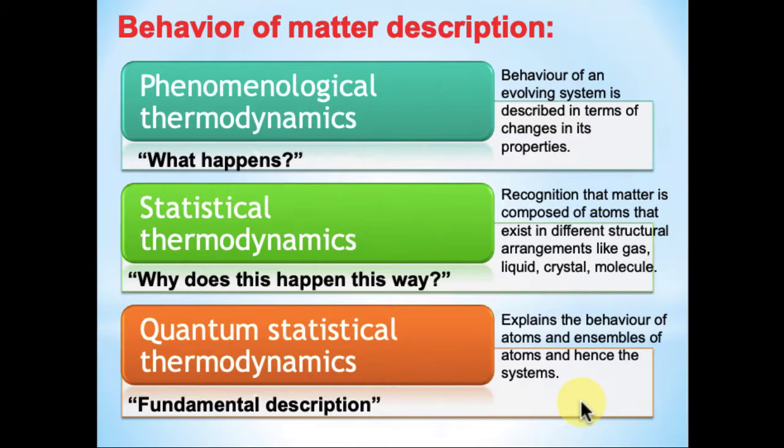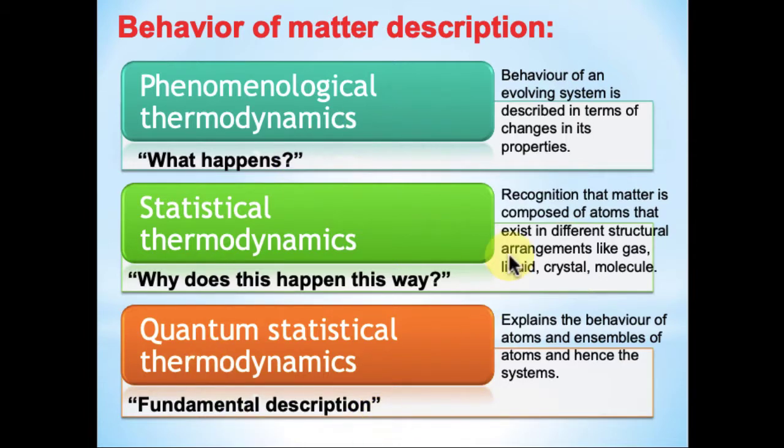This level of description explains the behavior of atoms and ensembles of atoms, and hence that of the system, at the most fundamental level. So, quantum statistical thermodynamics is all about fundamental description.